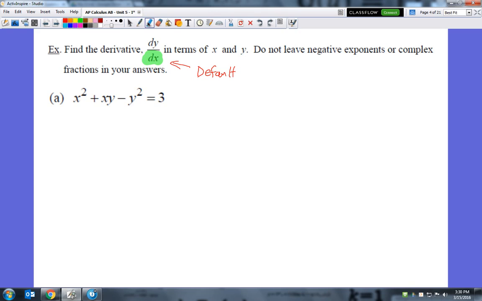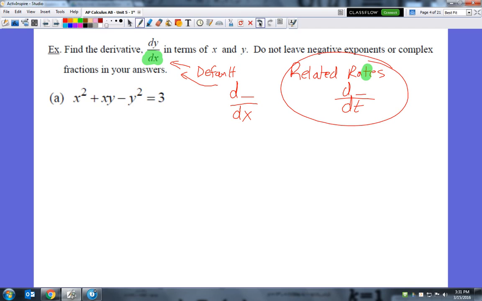Okay, when we're doing related rates, the default for there will be the t. So that will be d something over dt. So again, function-wise, no related rates, you're going to say the derivative of whatever function it is in respect to x. But when we do related rates, then you will use the dt.